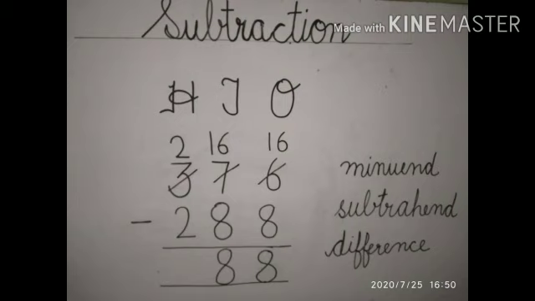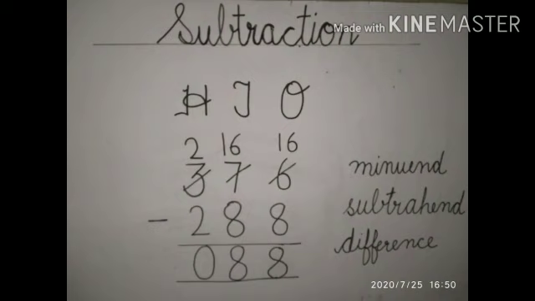Now we will move to hundreds place and we will subtract 2 from 2. As we all know, when we subtract the same digit from itself the answer will be 0. So we will write here 0. Now we can say that the difference between 376 and 288 is 88.